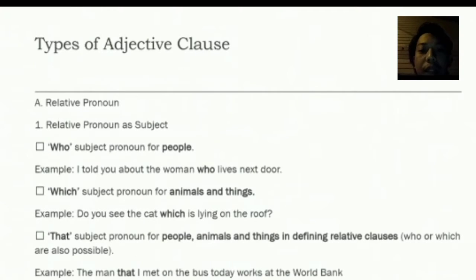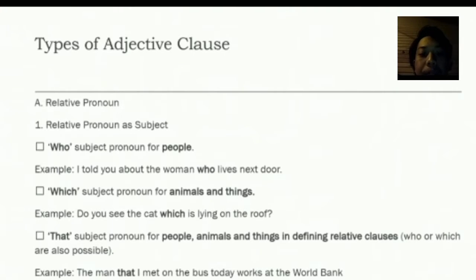Next, types of adjective clause. A. Relative pronouns. The first, relative pronoun as subject. Who, subject pronoun for people. Example: I told you about the woman who lives next door. Which, subject pronoun for animals and things.